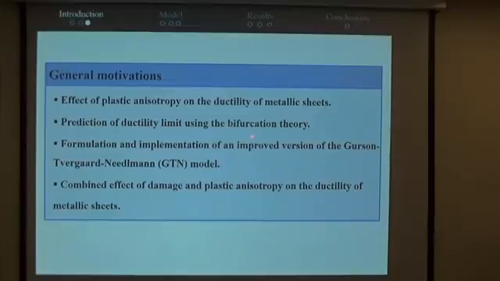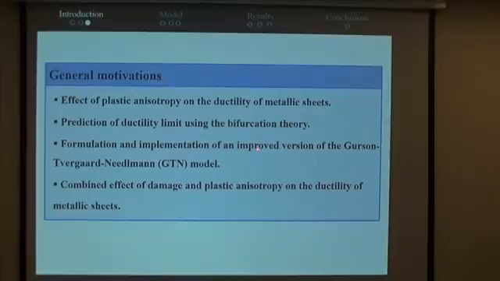In order to obtain ductility limits at realistic limit strains, the bifurcation theory should be coupled with mechanical modeling that presents some softening behavior. In this work, the softening behavior is represented by the nucleation, growth, and coalescence of microvoids. So the GTN model, or an improved version of the GTN model, will be used to model the mechanical behavior of the metal sheet.